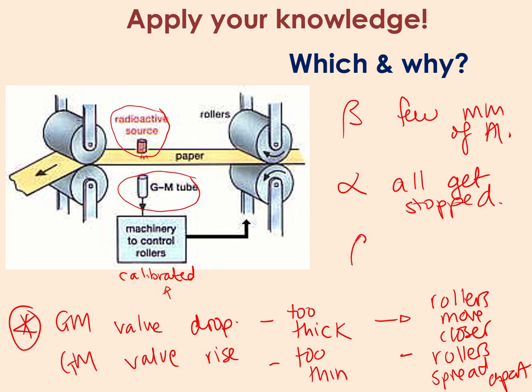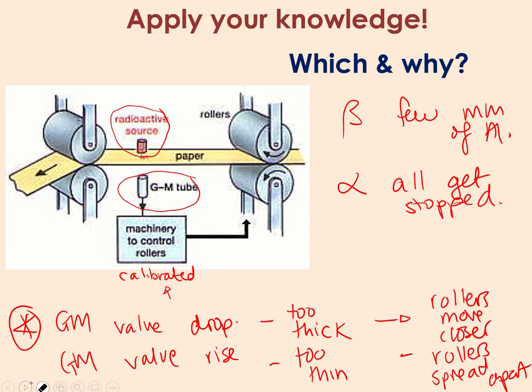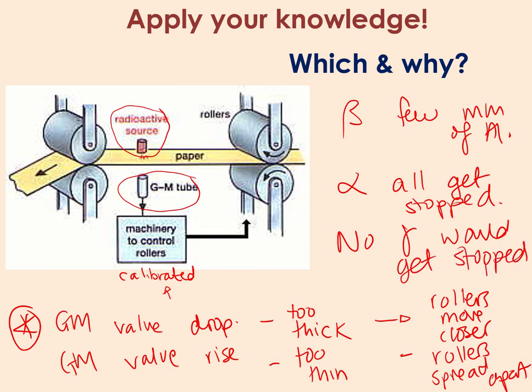Gamma is not stopped by paper or aluminium at all, so that would have the opposite problem of not really reacting to any of the changes in the thickness at all. So no gamma would get stopped. Because of how sensitive that feedback mechanism is, you have to use beta.